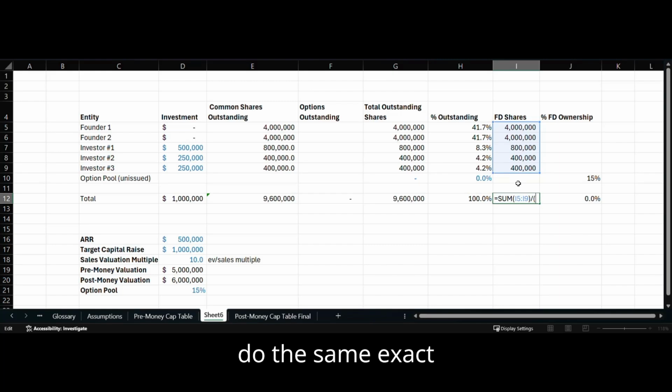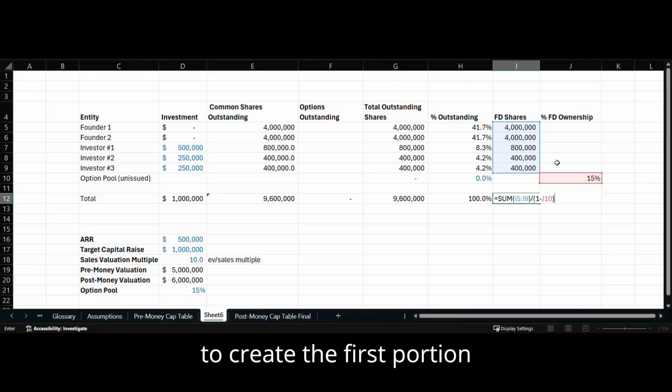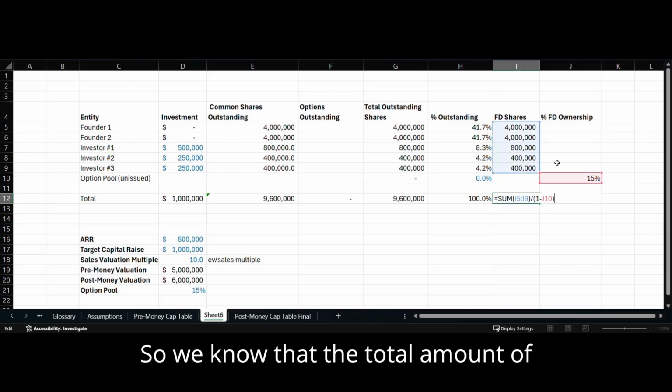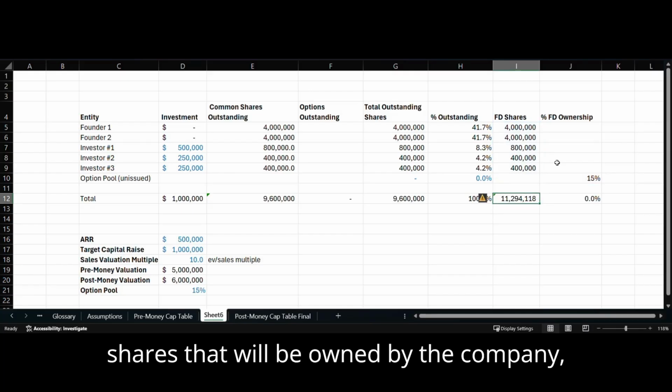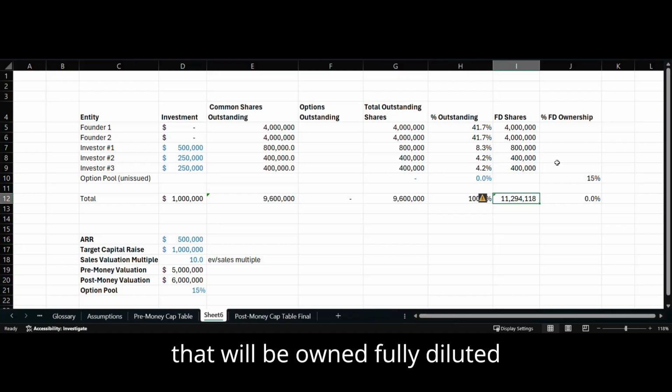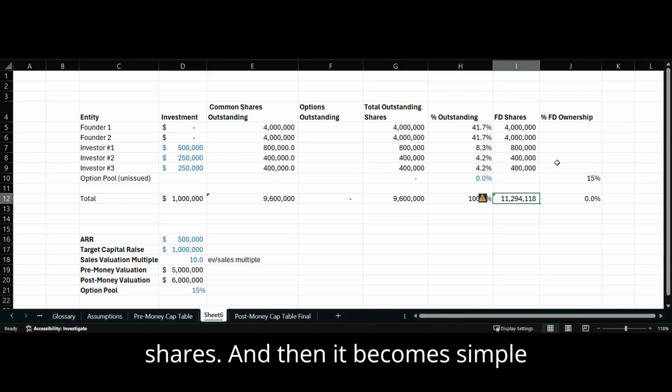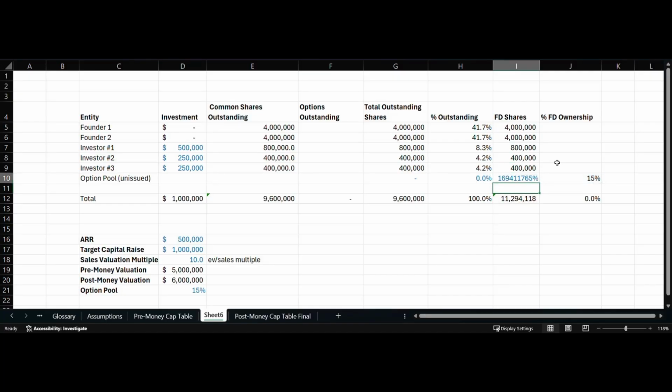We were going to do the same exact formula we used to create the first portion that prevented circular references. So we know that the total amount of shares that will be owned by the company, fully diluted, are 11.2 million shares.